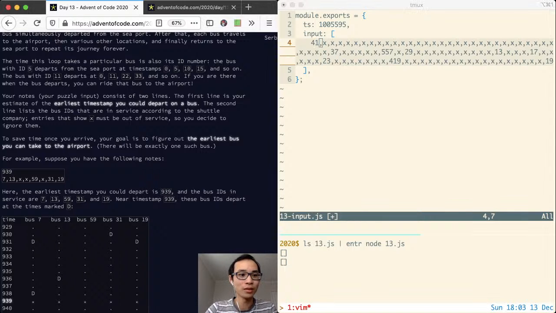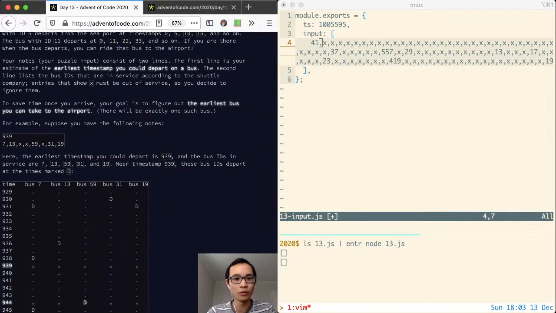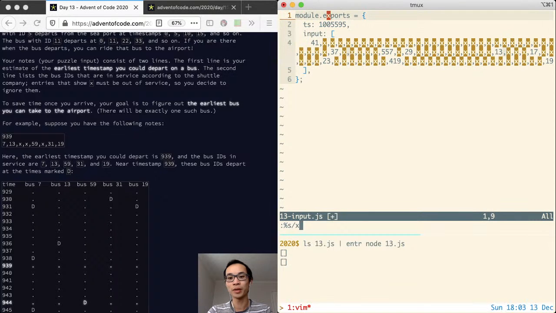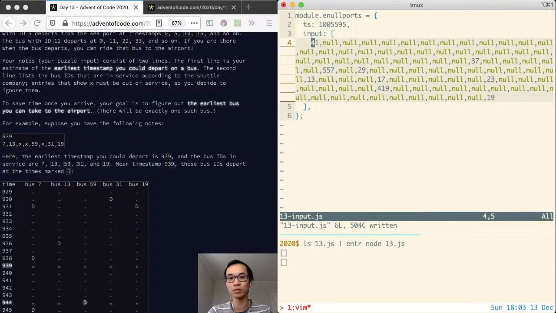The second line lists the bus IDs that are in service according to the shuttle company. Entries that show X must be out of service, so you decide to ignore them. I'm going to replace all the X's with nulls, just to have that as readable input by JavaScript.